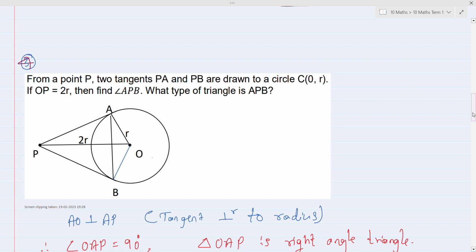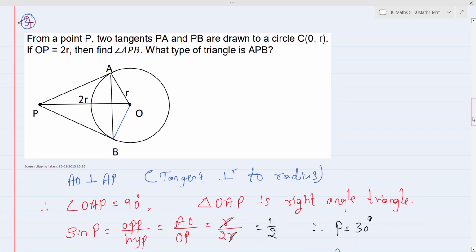So here we can see that AP is the tangent, OA is the radius, therefore the angle between AP and OA is 90 degrees. Because the tangent is perpendicular to the radius by the theorem, angle OAP is 90 degrees. Now triangle OAP is a right angle triangle.